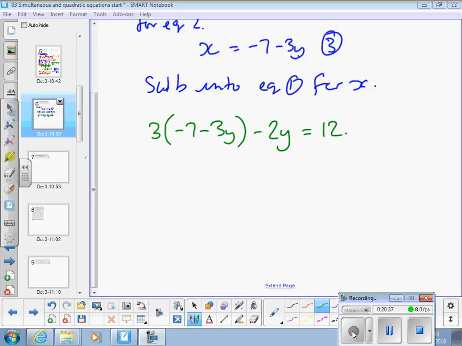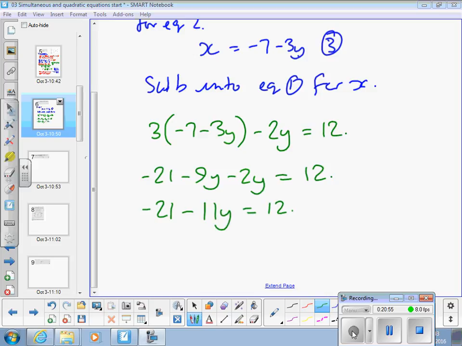Expand the brackets. Minus 21, minus 9y, minus 2y equals 12. Bring the y's together. Minus 21, minus 11y equals 12. Add 21 to both sides.